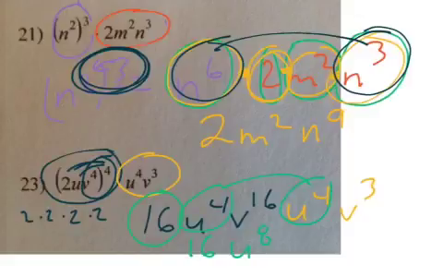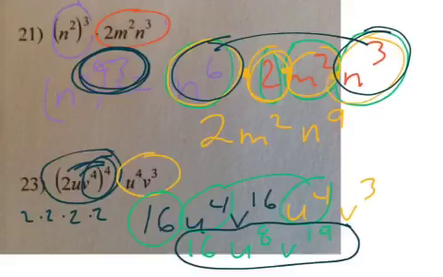And finally, what's left are the v's, right? v^16 and v^3 is v^19. So here is my solution. 16, u to the 8, v to the 19. And I would like you to go ahead and pause the video and make sure you understand when we multiply exponents and when we add exponents.